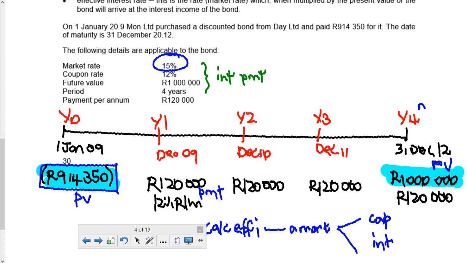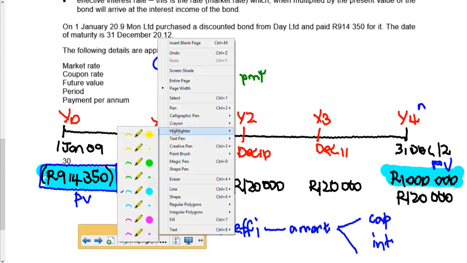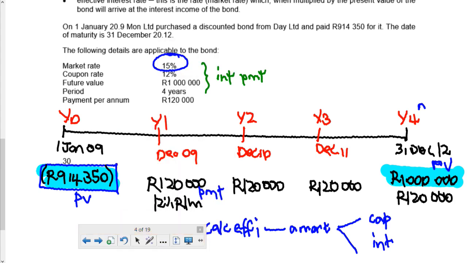And then when 4 years' time gets here, the entry will just be debit bank, credit bond, R1 million, and it's gone. So this 120 that I'm putting through as interest every year is going to have to be split between capital and interest. It's not all going to be recognized as interest because some of it needs to make my investment bigger.